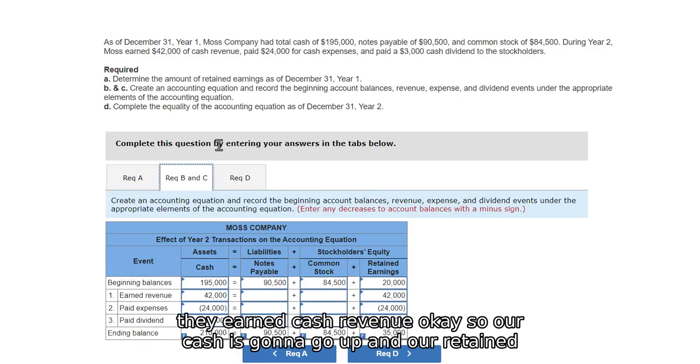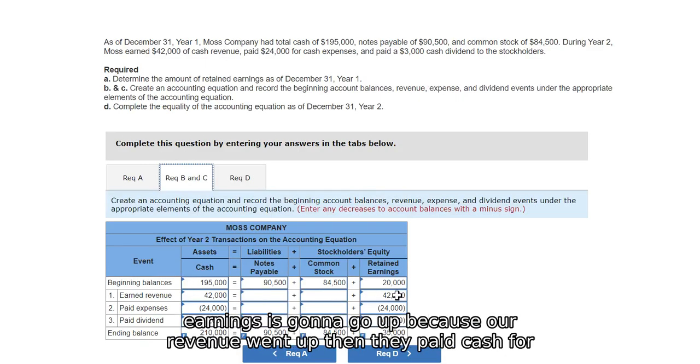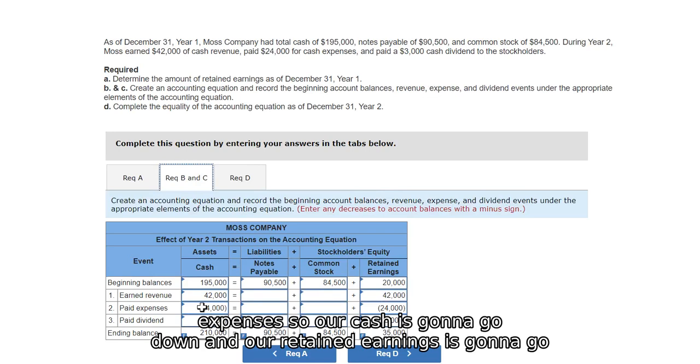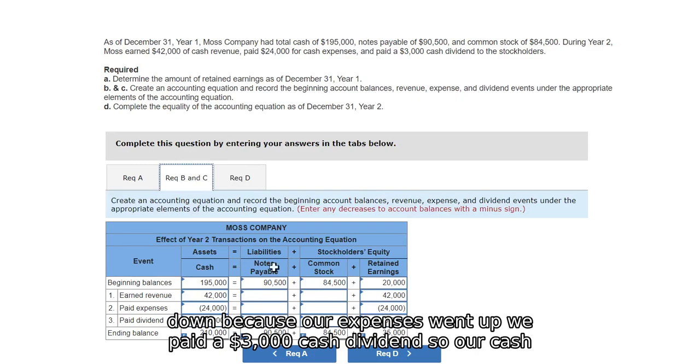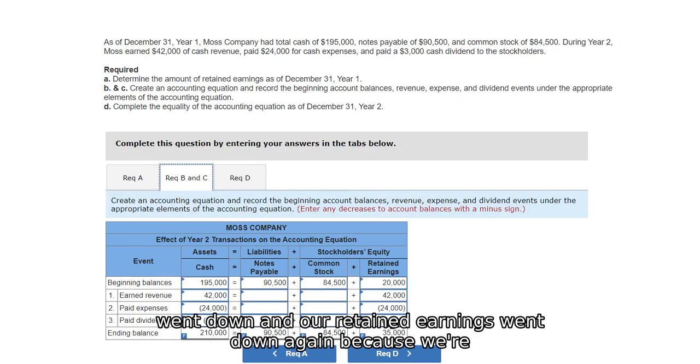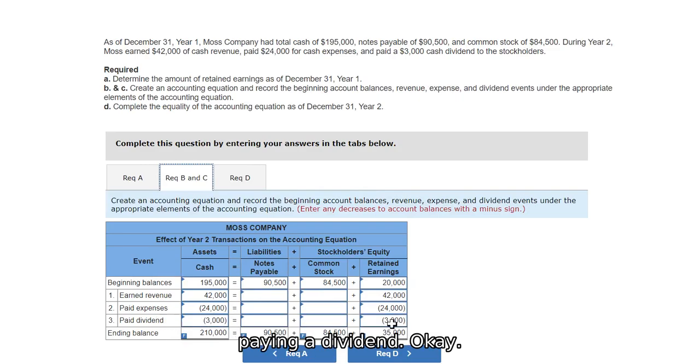They earned cash revenue. So our cash is going to go up and our retained earnings is going to go up because our revenue went up. Then they paid cash for expenses. So our cash is going to go down and our retained earnings is going to go down because our expenses went up. We paid a $3,000 cash dividend, so our cash went down and our retained earnings went down again because we're paying a dividend.